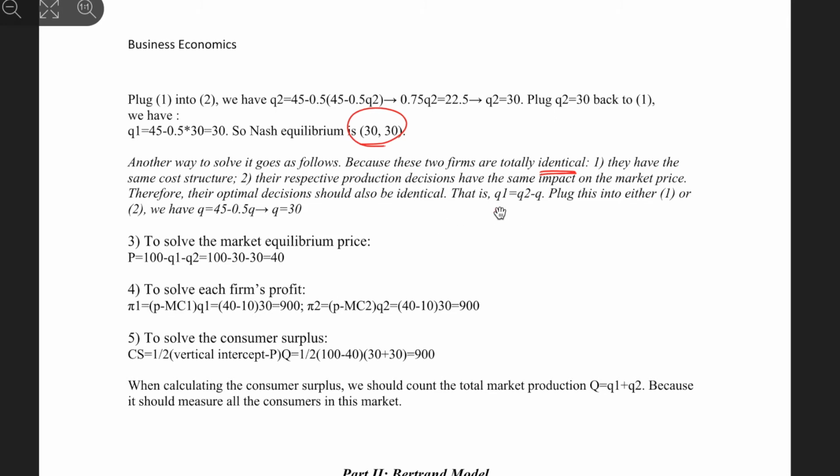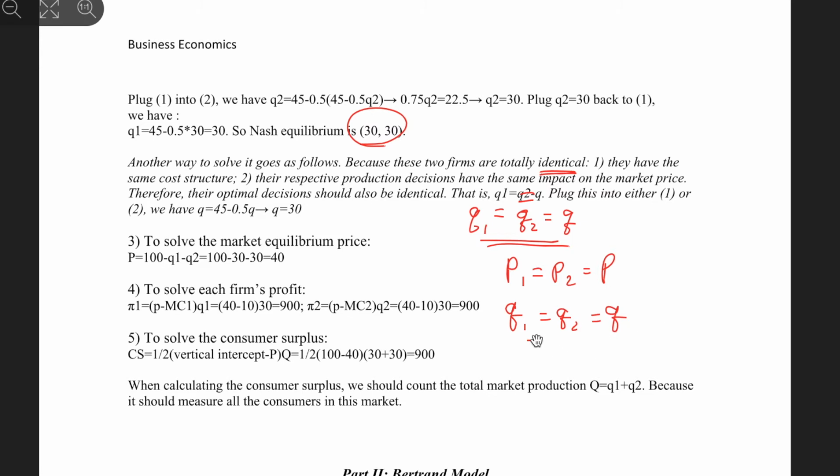That is, Q1 equals Q2 equals Q, just like price 1 equals price 2 equals P. The quantity 1 and quantity 2 should be the same, because we are sharing the same size.